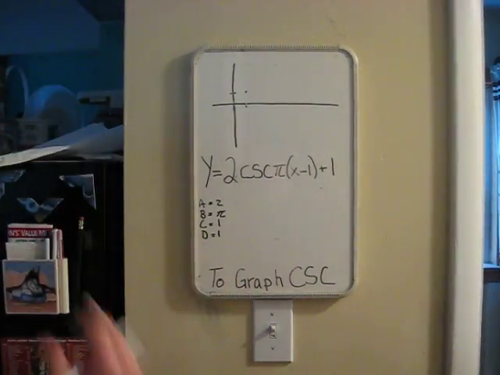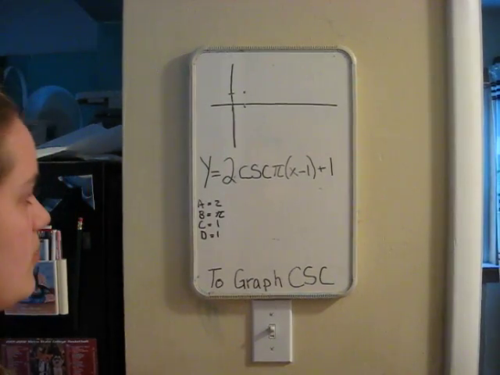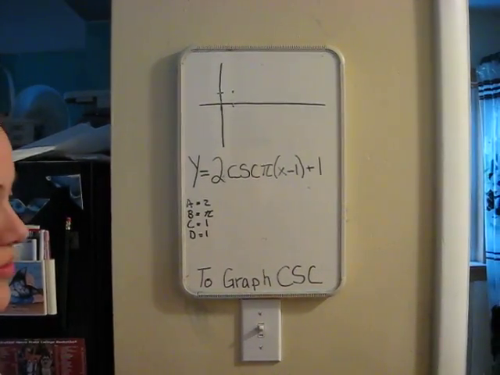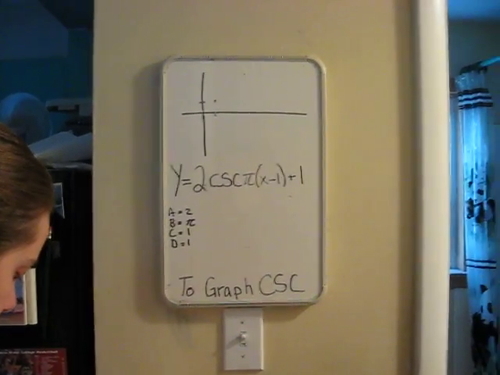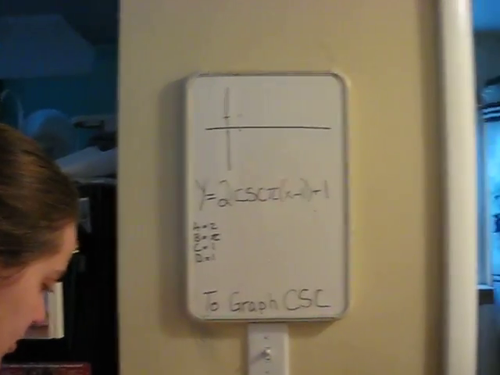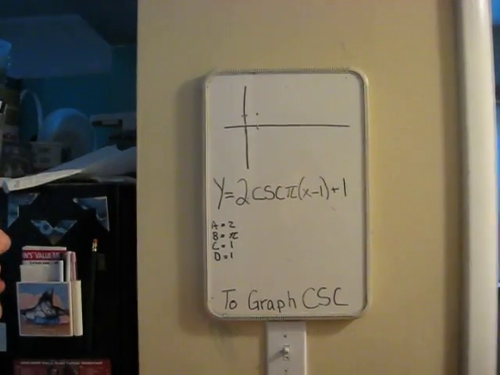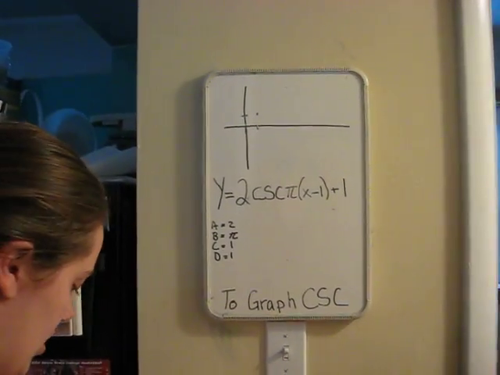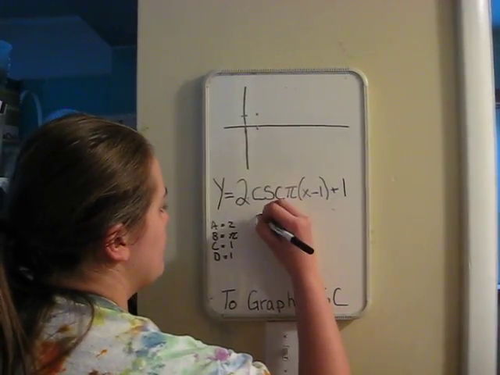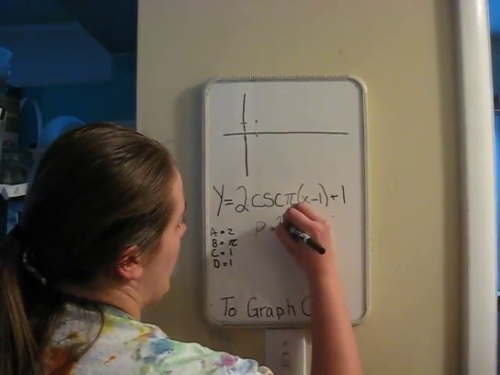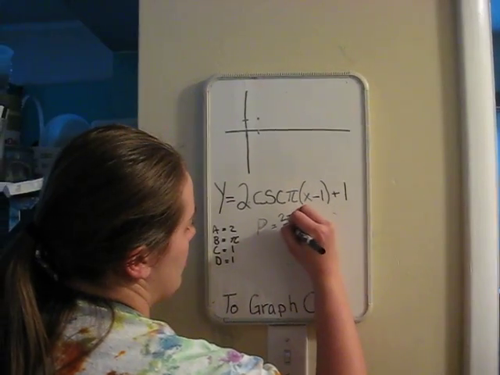The next thing we need to find is the period. A period is always 5 points of data long, and it's also equivalent to 1 trip around the unit circle. We're only going to graph one period in this. To find the period, you use the equation period is equal to 2 pi over b.